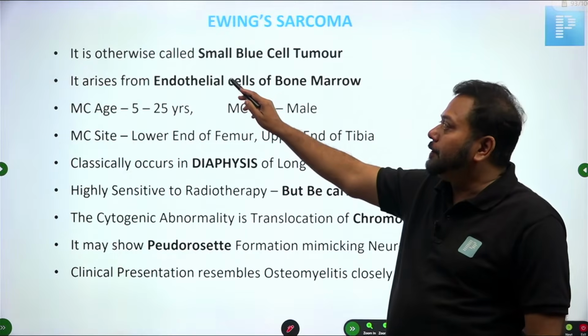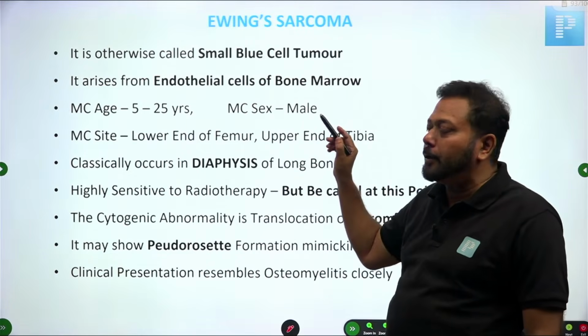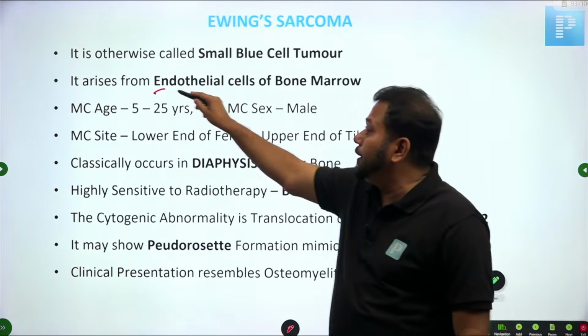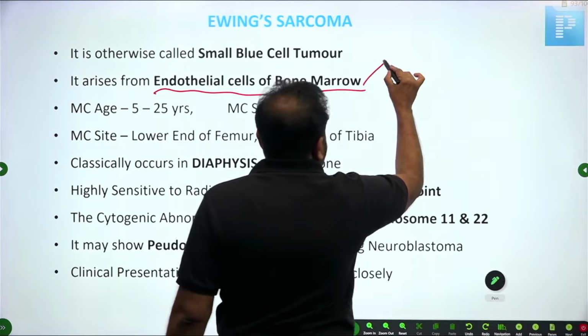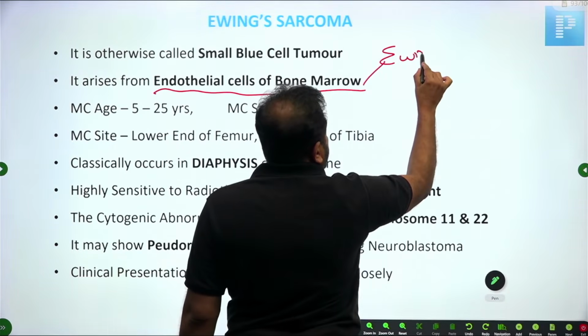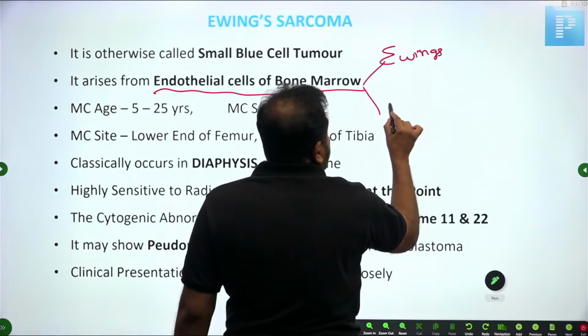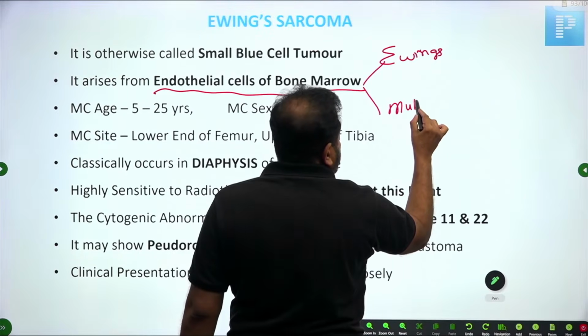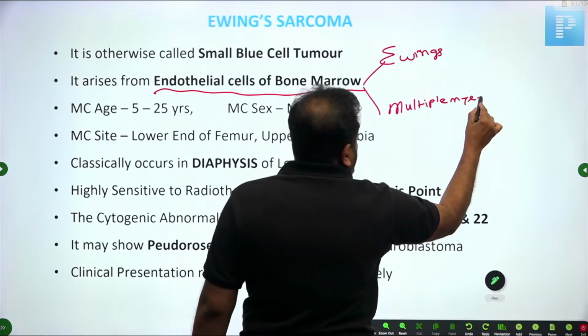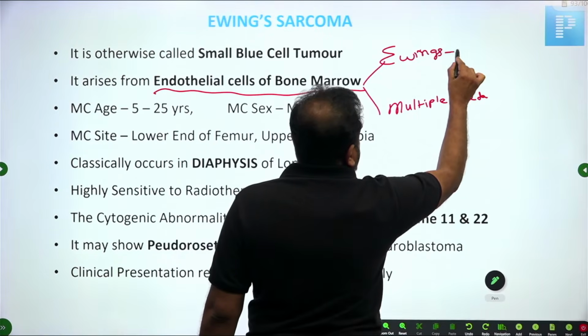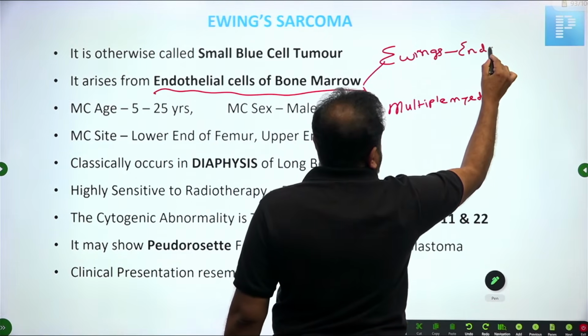See here, this is also called small blue cell tumor. It arises from endothelial cell of bone marrow. From bone marrow, two tumors arise. One is Ewing's, another is multiple myeloma. Ewing sarcoma arises from endothelial cells.